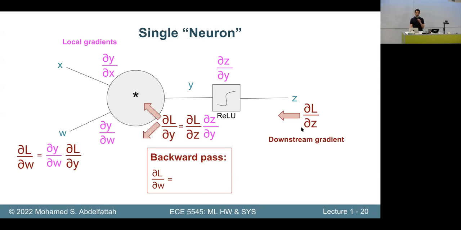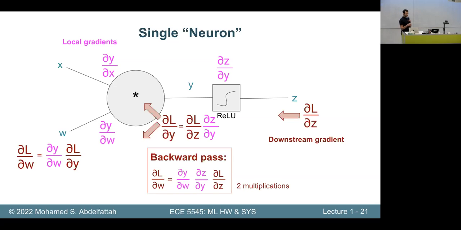So we take the downstream gradient, we multiply it by the local gradient here, and then we multiply it by the local gradient here, and we're finally getting the derivative of the loss with respect to the parameter at this weight value. If I count the number of multiplications here, in a very rough and inexact way, there are roughly 2 multiplications, right? Compared to the forward pass, which had 1 multiplication.